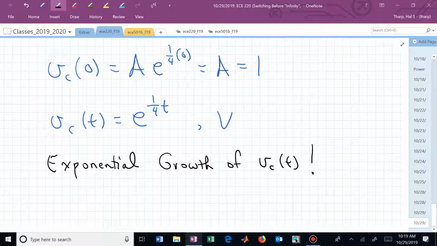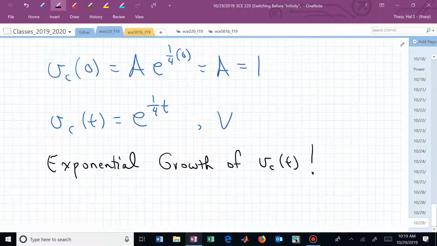And then you set your stopwatch and watched it. What's going to happen? V sub C of t. Is it going to be like one of those fireworks and you light it and it just grows? It might be fireworks, actually. It might explode.